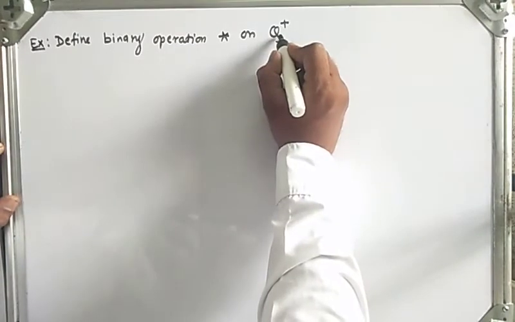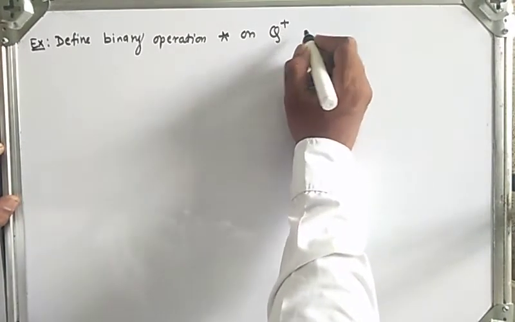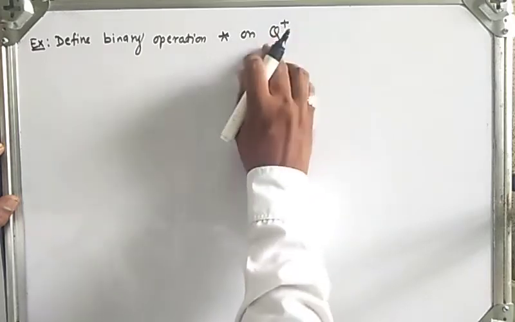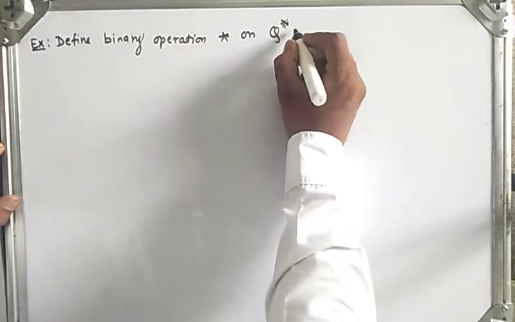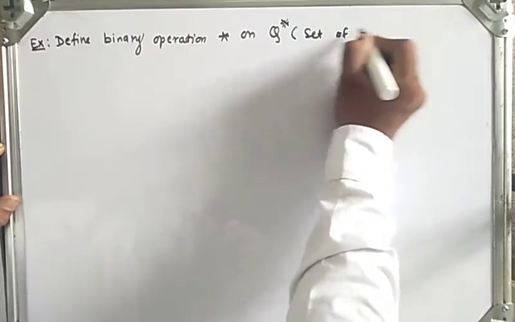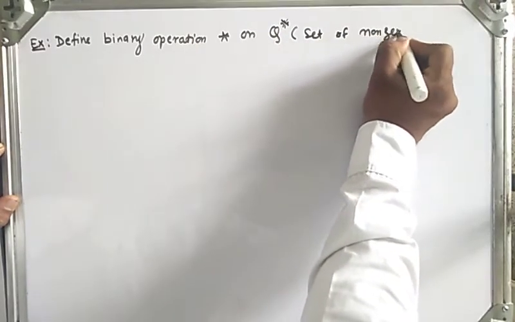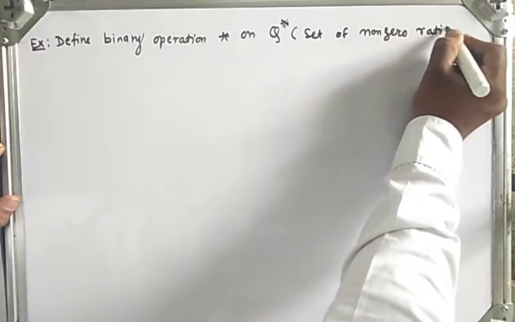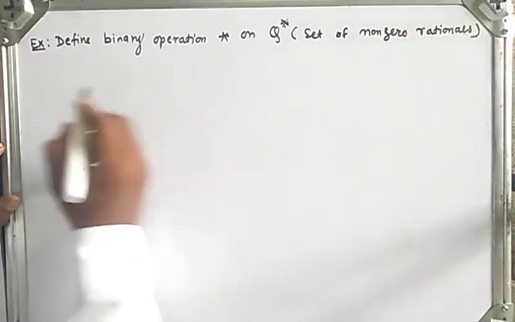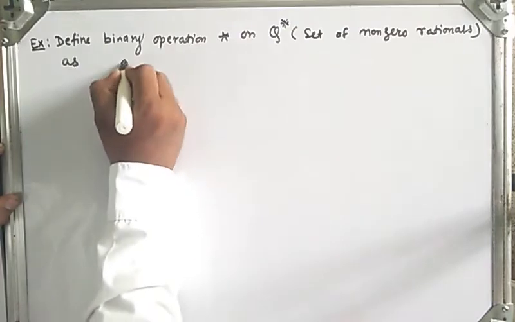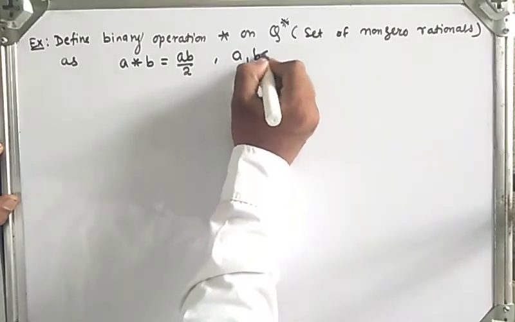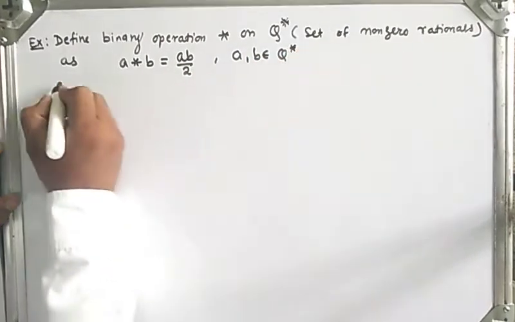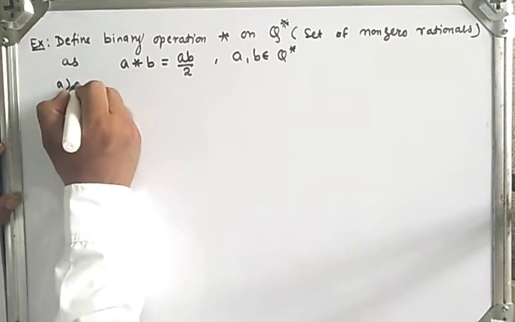So Q star is the set of non-zero rationals, as defined by a star b is equal to a times b upon 2 for all a, b belonging to Q star. So first show that star is commutative.